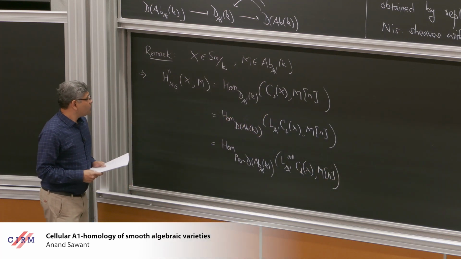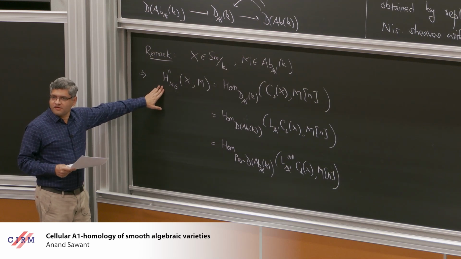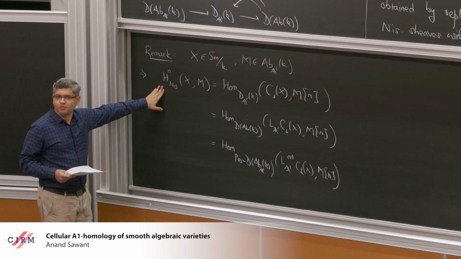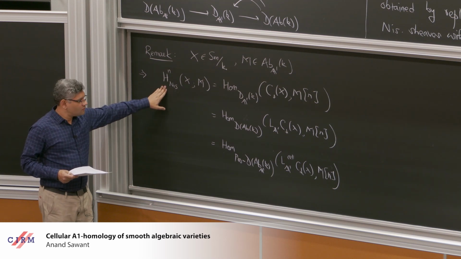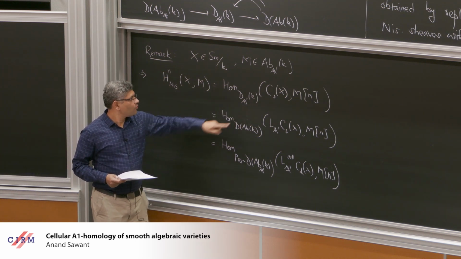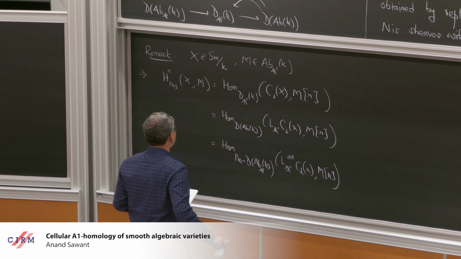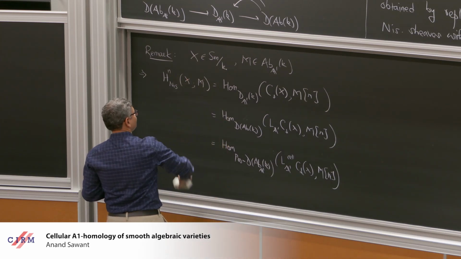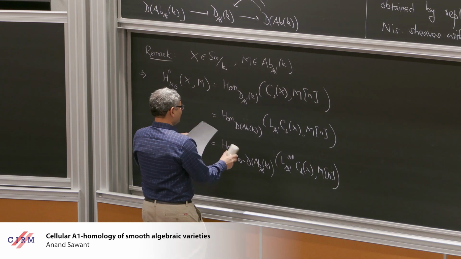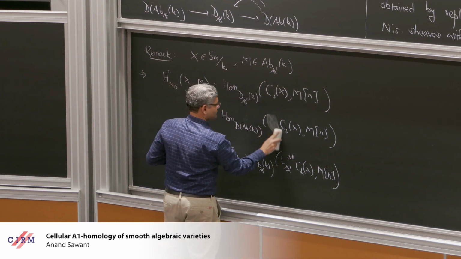Okay, so now the thing is that this vanishes because Nisnevich cohomological dimension equals the Zariski cohomological dimension. LA1 should be one step up, I think. Sorry, yes, LA1 lands inside this, so I have to move it up one level.